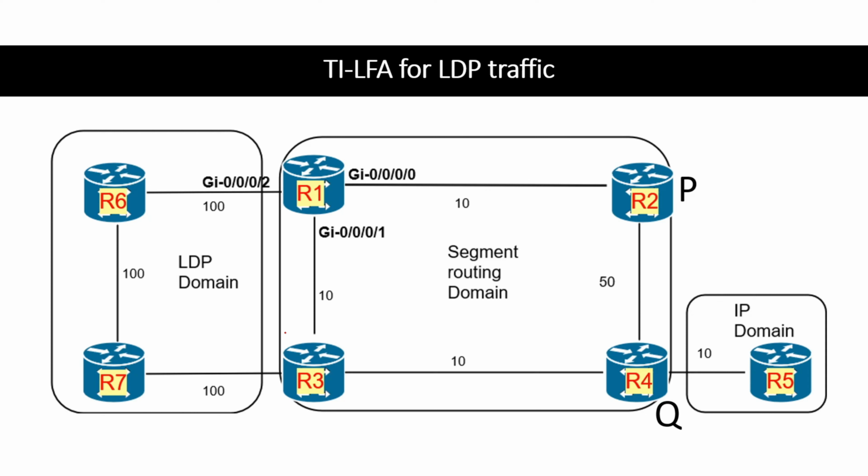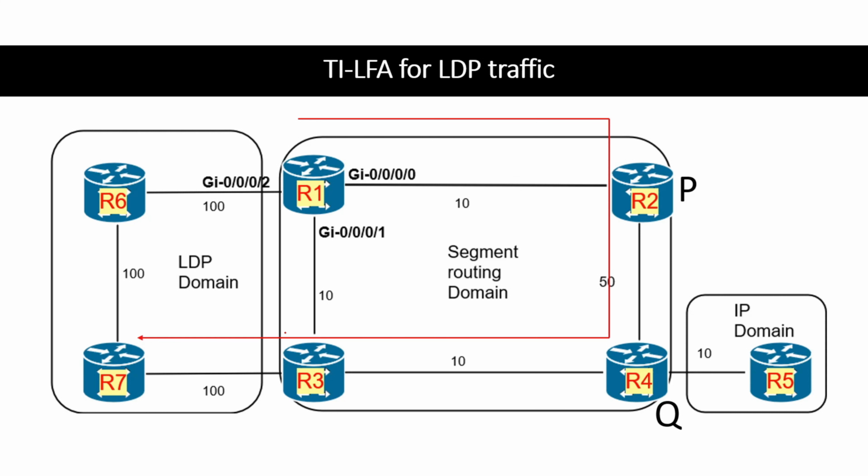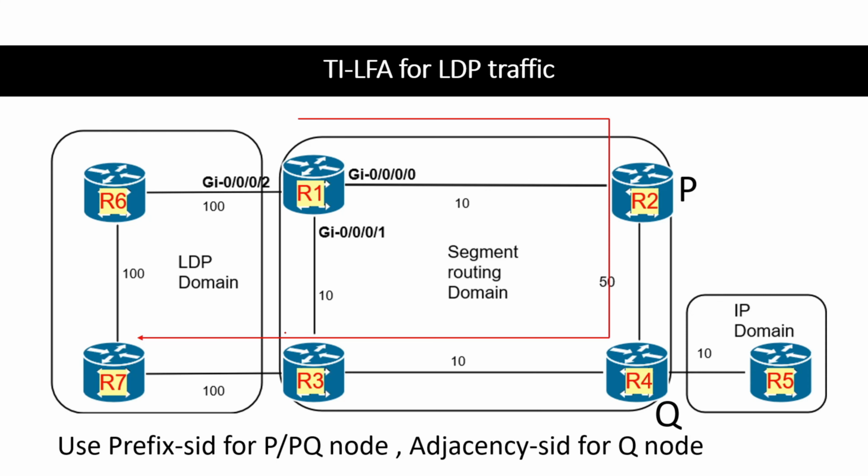So in this scenario, the first bottom label will be the destination label, that will be 16007, and the second bottom label will be the adjacency-sid between R2 and R4, which is assigned by R2, that is 24 something, and then the top label should be the label to reach the P node.